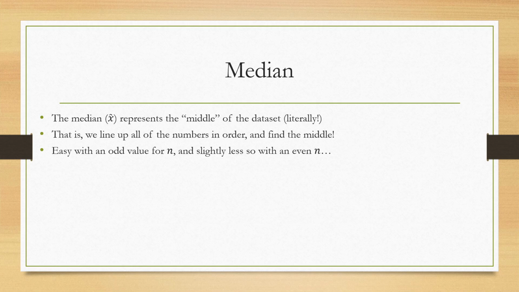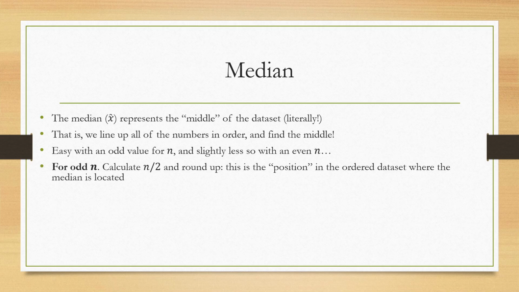If we have 3 numbers, 1, 2, 3, the middle number is the second number. This is pretty easy with an odd sample size. But if I have an even number, 4 numbers, 1, 2, 3, 4, what's the middle number? Well, there isn't necessarily a single middle number.